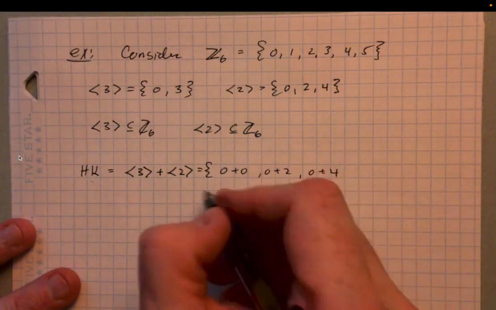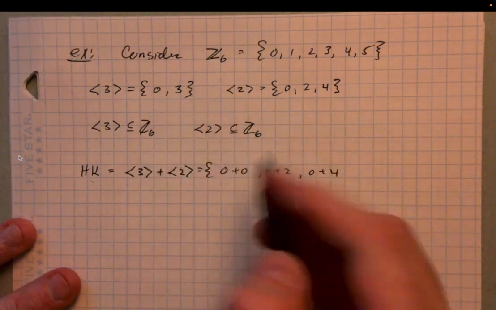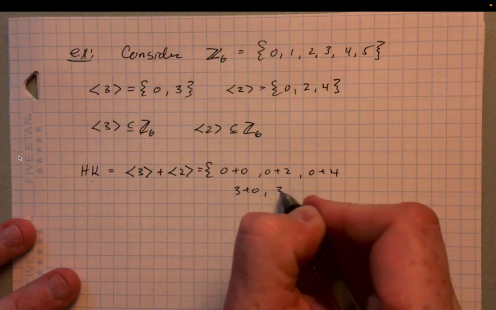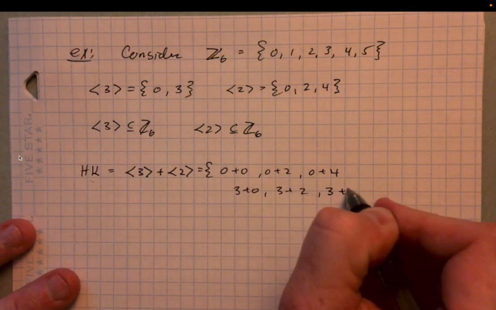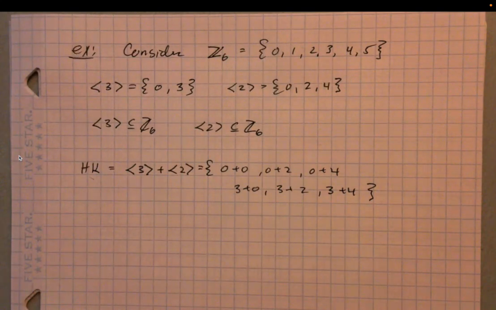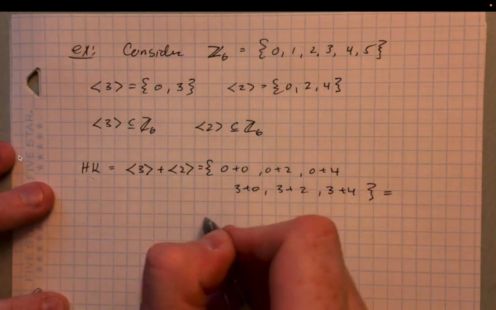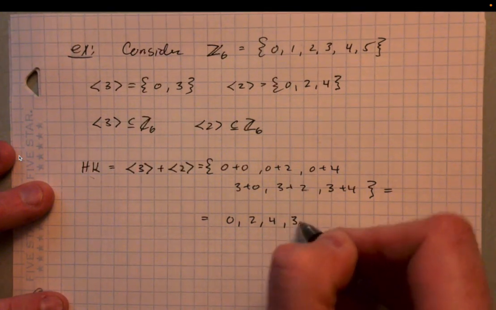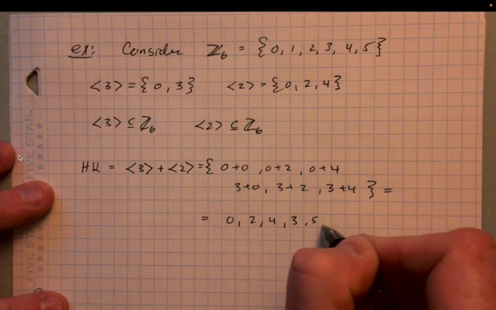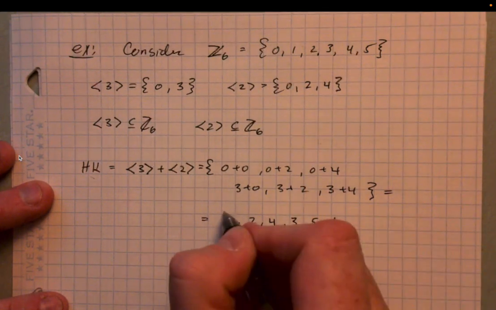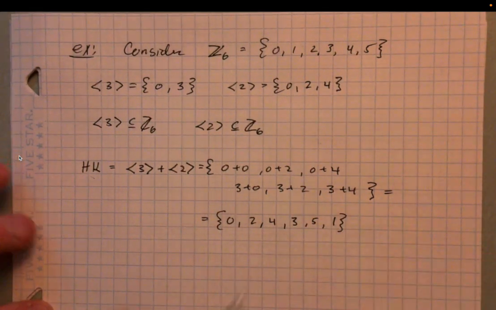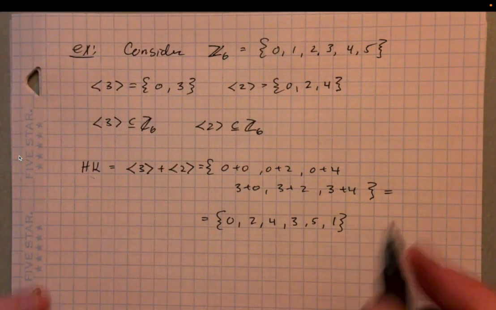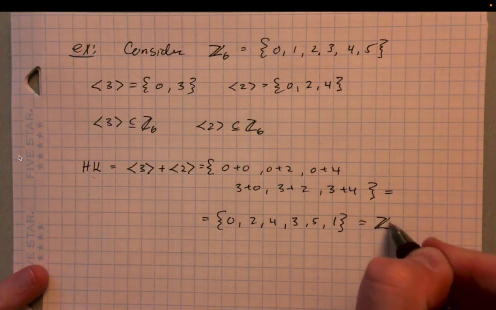And then I get 3 plus 0, 3 plus 2, 3 plus 4. Right? So of course this is 0, 2, 4, 3, 5, and then 7, which is 1, mod 6. Right? And so this, of course, is Z6.